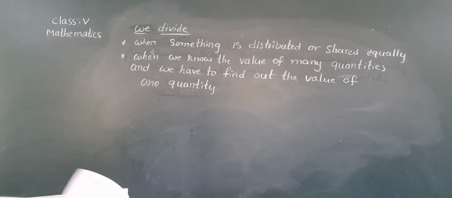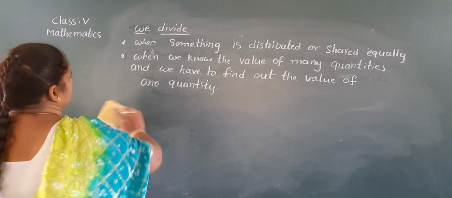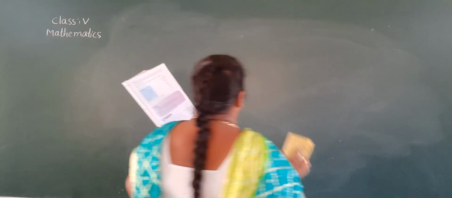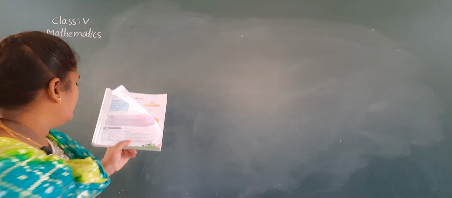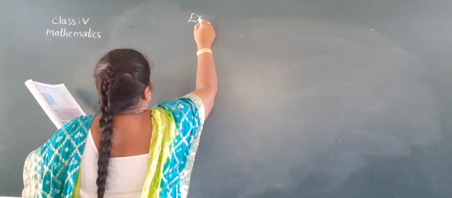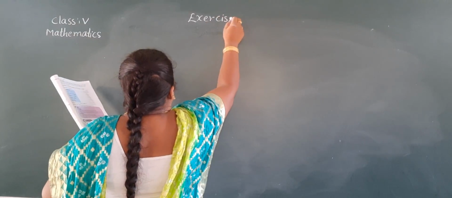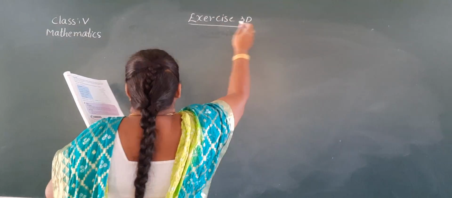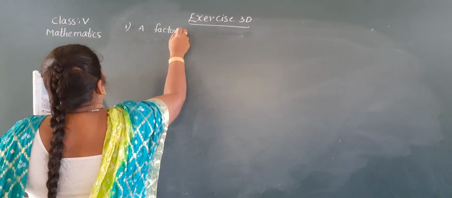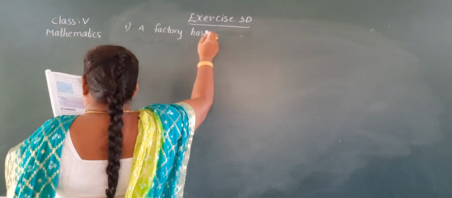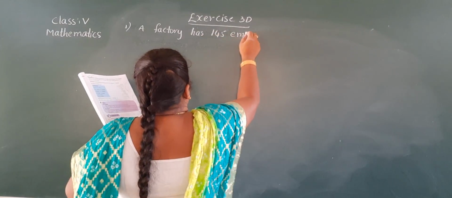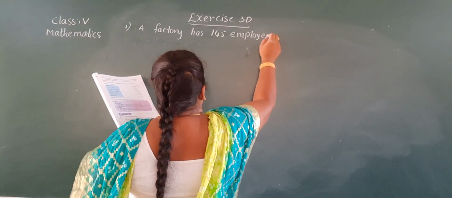Next, write down exercise 3D. Exercise 3D. So if you are not complete in time, just pause the video and write. Write the first problem. A factory has 145 employees. All of you write along with me.